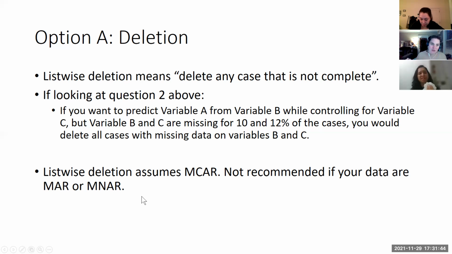If you see someone who uses this method in a paper that you're reviewing, you can bring this up. You've used listwise deletion, that means now your generalizability is different than you expect. They'll need to include information about that within the discussion.